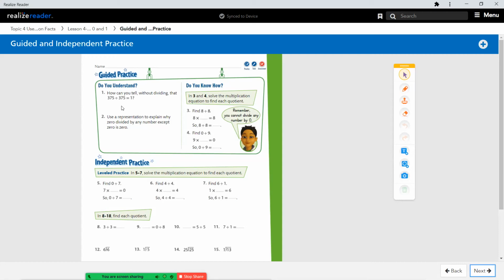And our second one says, use a representation to explain why 0 divided by any number except 0 is 0. Now, when they say representation, they're talking about drawing a picture or showing using your numbers. So show your answer. And then we'll solve these remaining problems as well.